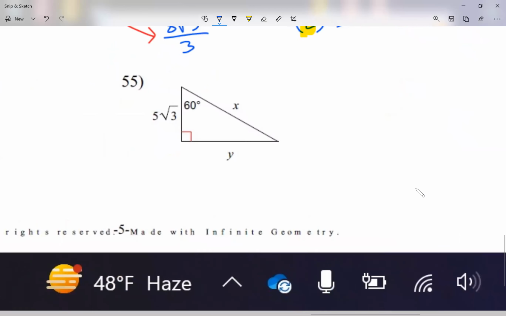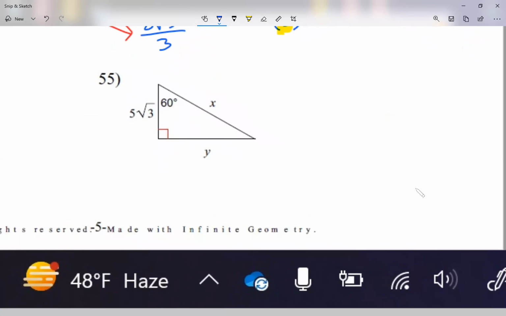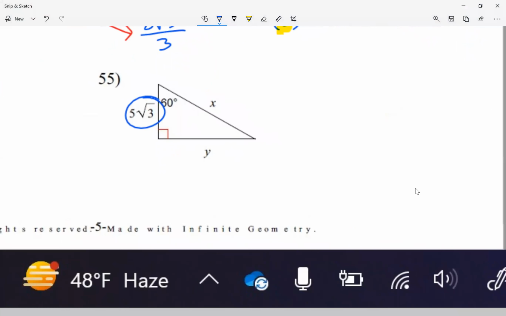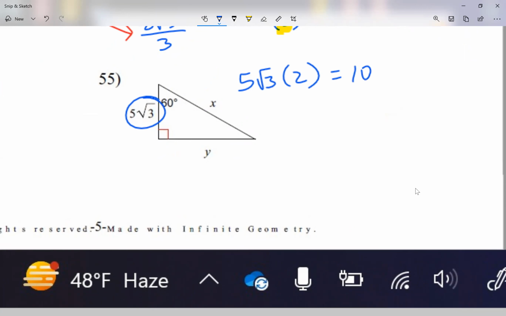Okay, lastly, let's take a look at question number 55. I have the small side, which is good. Now let me get x, the hypotenuse. I have to go 5 radical 3 times 2. Remember, to get the hypotenuse, I have to go times 2. So that gives me 10 radical 3.